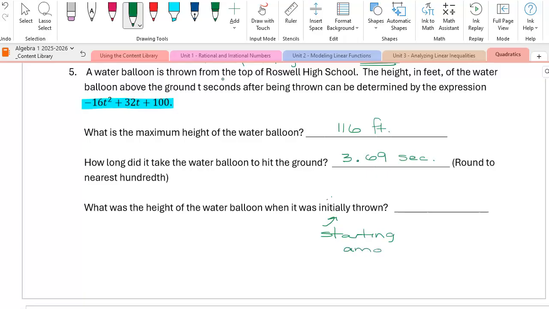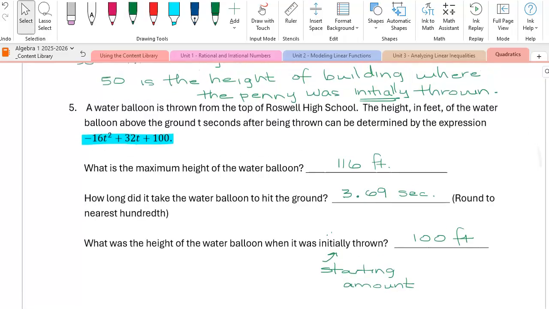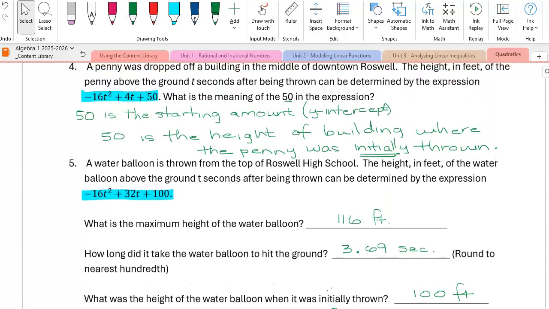So how high was it when it started? You were at 100 feet. Now, if you're paying attention, look at this. The number 100, this is your y-intercept. The number 50 is your y-intercept. So right now the starting amount is the number without a variable. All right, move on to page 2 for the back.